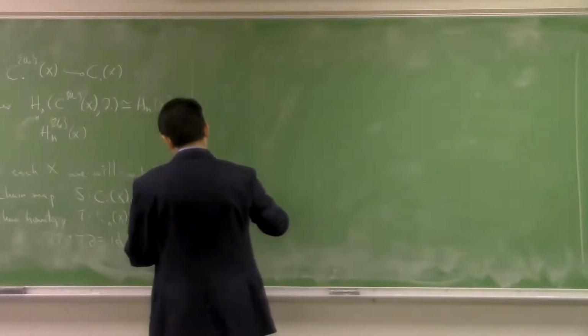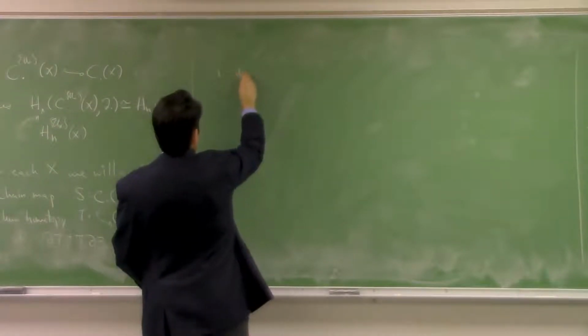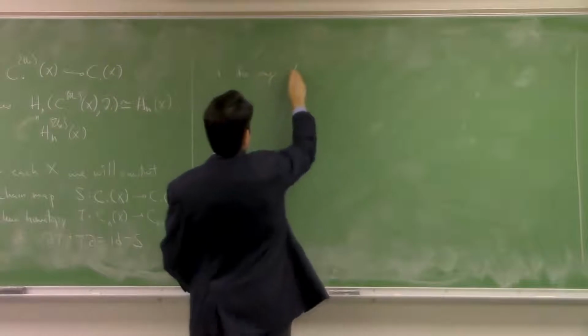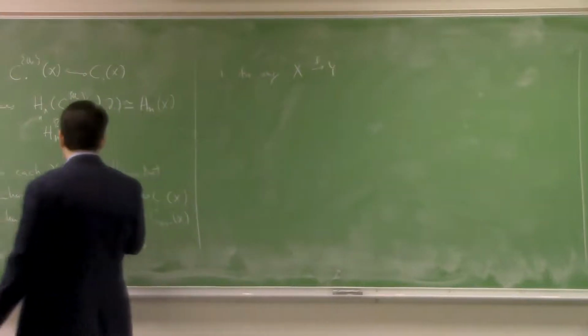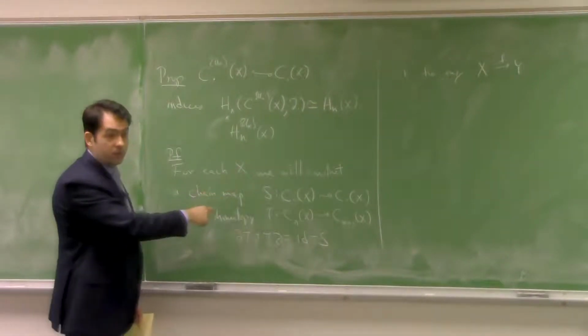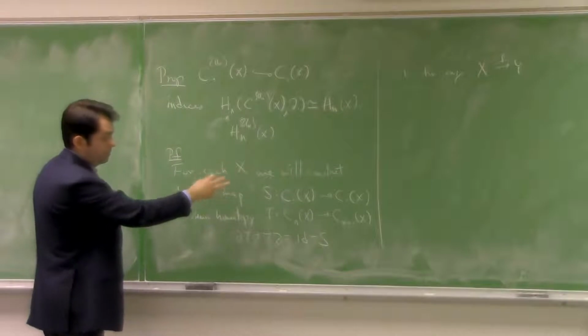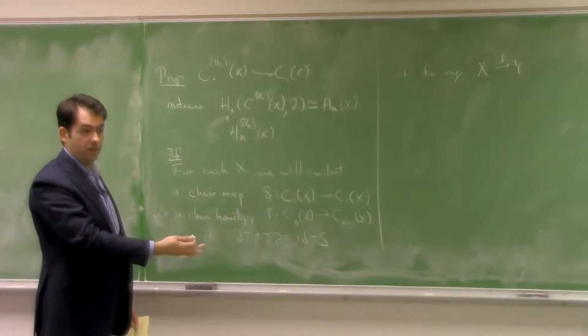Okay, and we're going to ask that for any map between spaces, we're going to do this construction. We're going to construct these guys for every X. And then we want it to not depend too much on X. So we want it to be natural in X is the phrase.